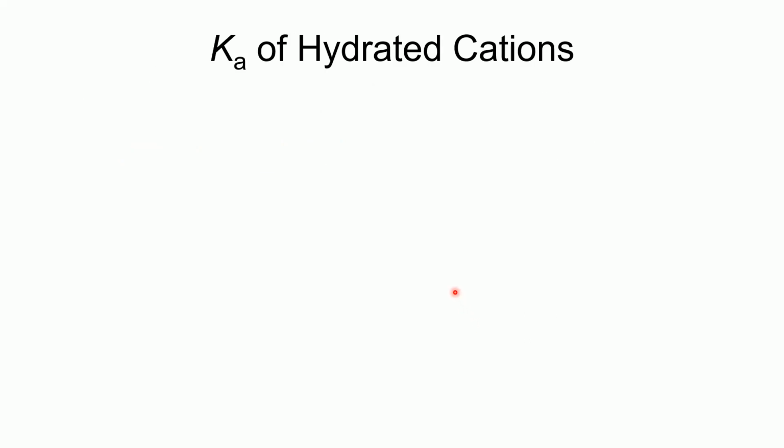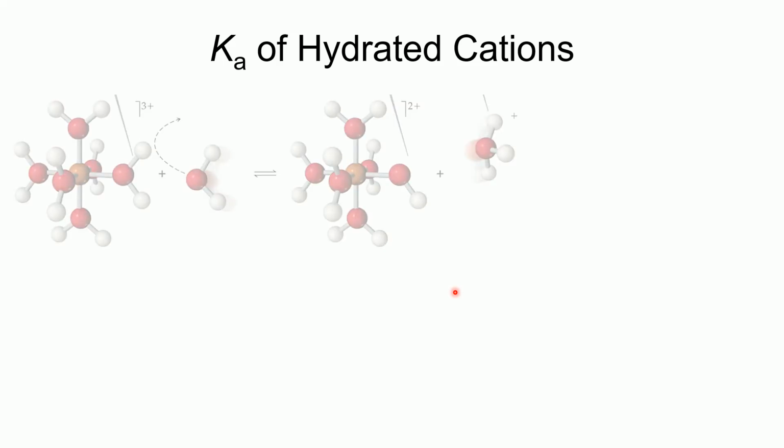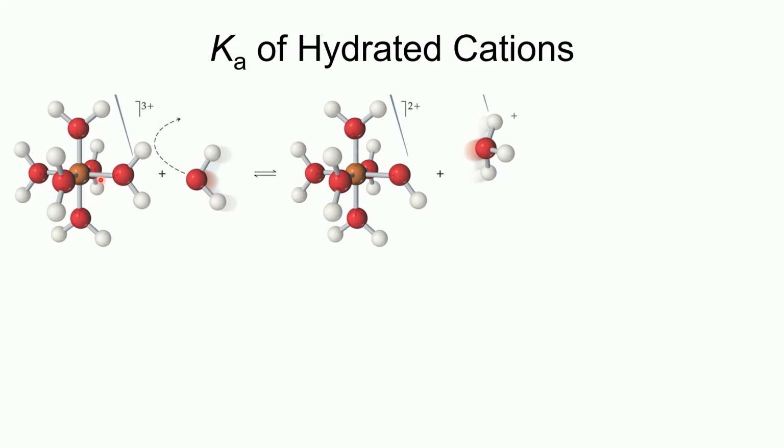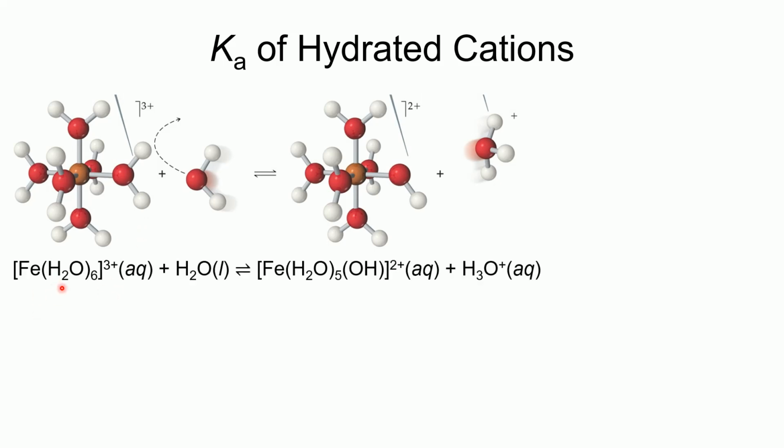What's happening in these is that the ions are getting hydrated by the water molecules. This is an example of the iron 3 ion. There's the iron 3, and it is surrounded by 6 water molecules, and I'll go ahead and put the chemical formulas for those.